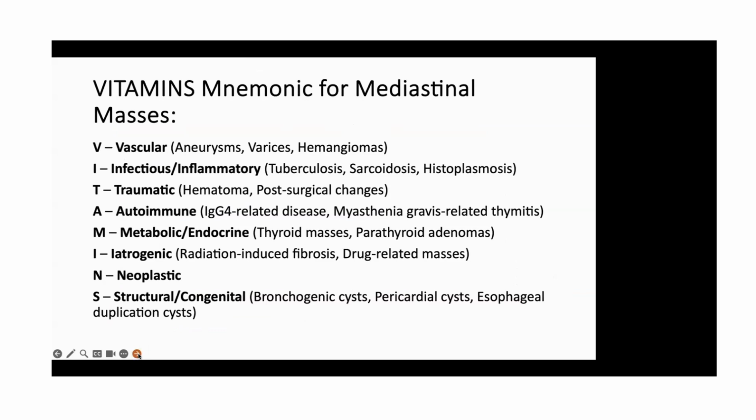V stands for vascular, as I have discussed: aneurysm, hemangiomas. It can be infectious or inflammatory. It can be traumatic, autoimmune. M stands for metabolic. I stands for iatrogenic. Then, of course, we have this huge group of N, which stands for neoplastic, and then structural.